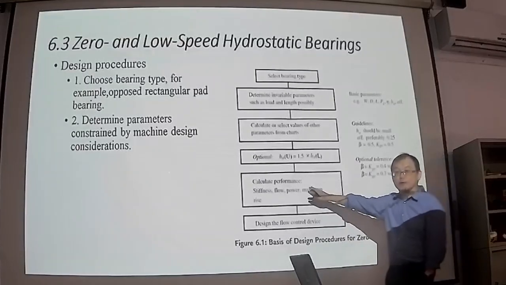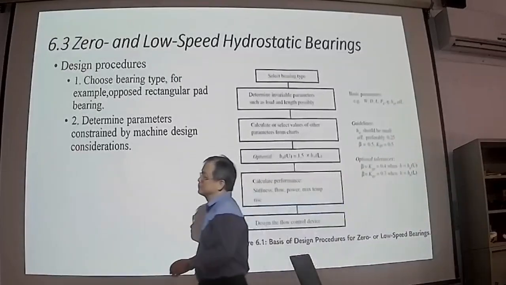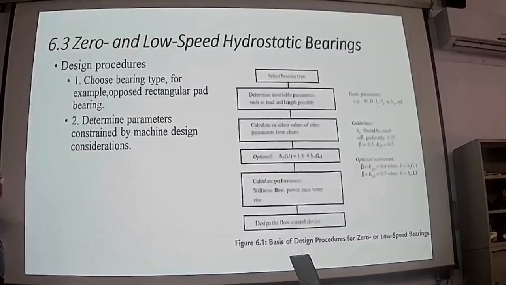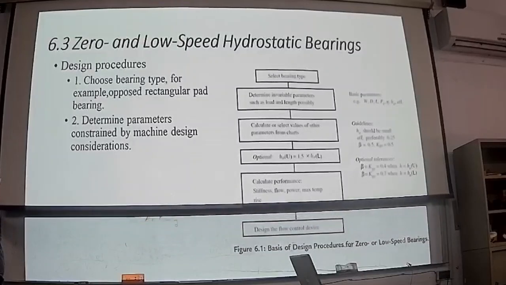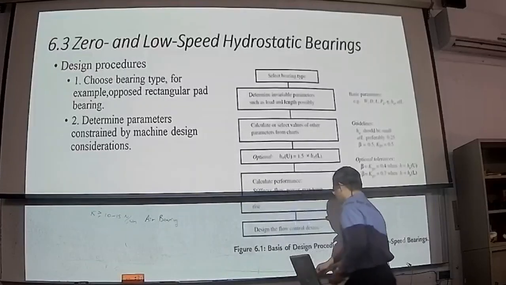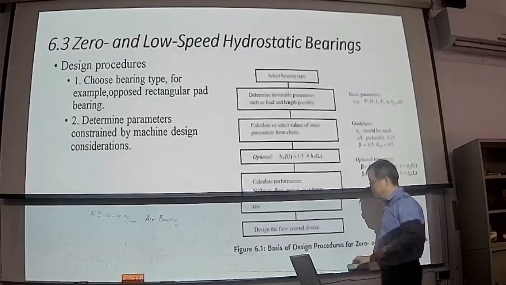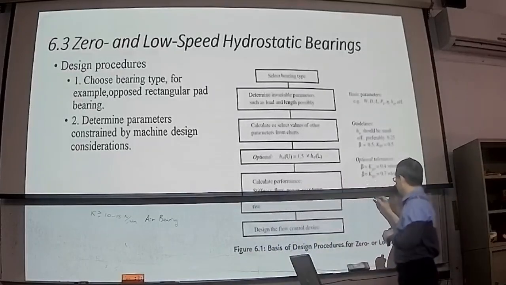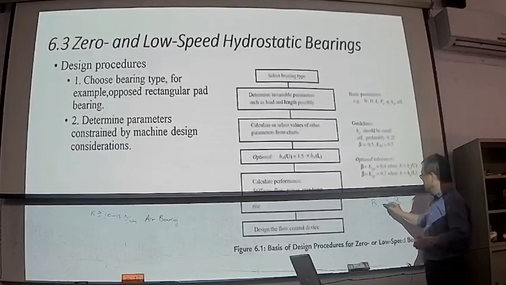So we have this finalized, which means we already know PS, we already know beta. Beta is equal to PR. So we know the PR.